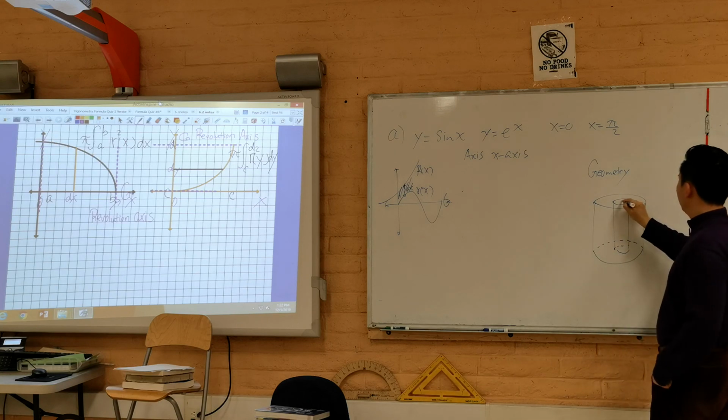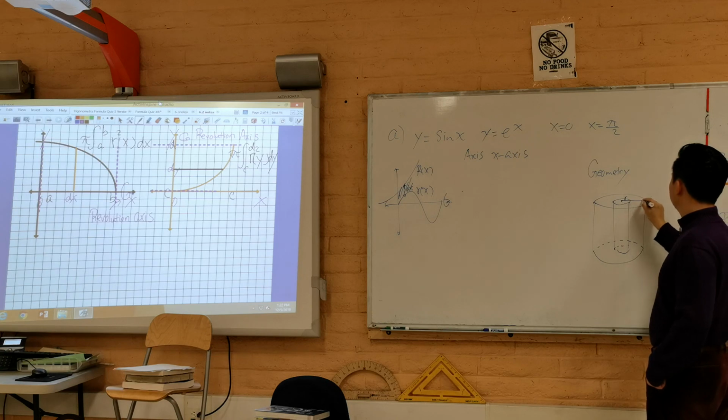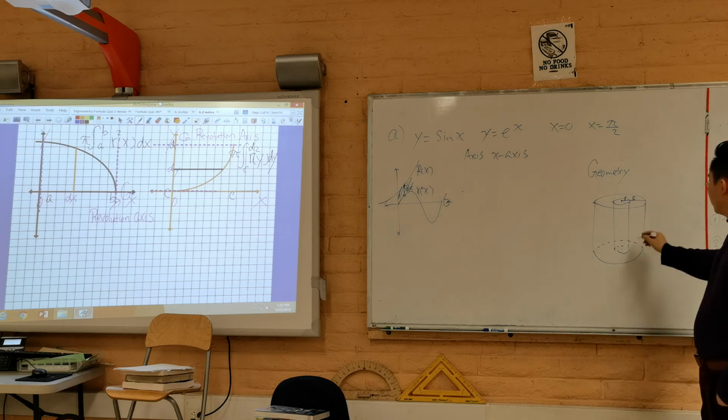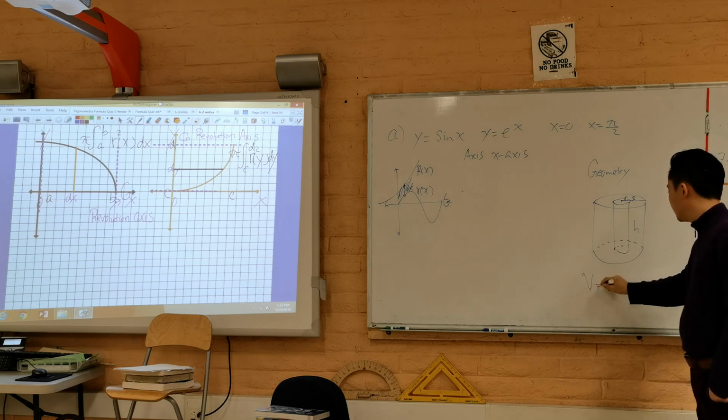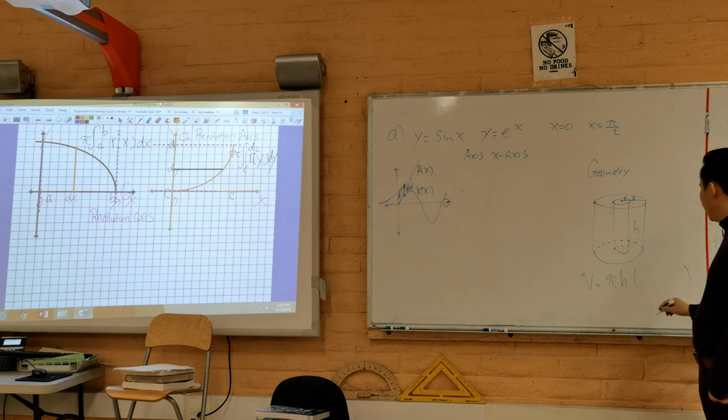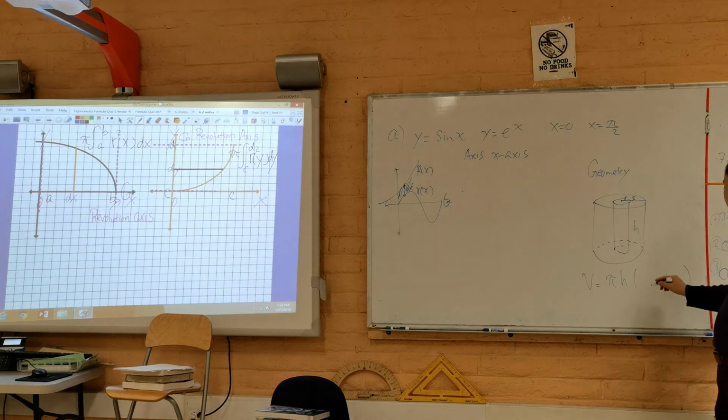So we do have two radii, one is the inner radius, and the other one is the outer radius. The way to find the volume is V equals pi times h, multiplied by the difference of those two radii squared. So capital R squared minus lowercase r squared.